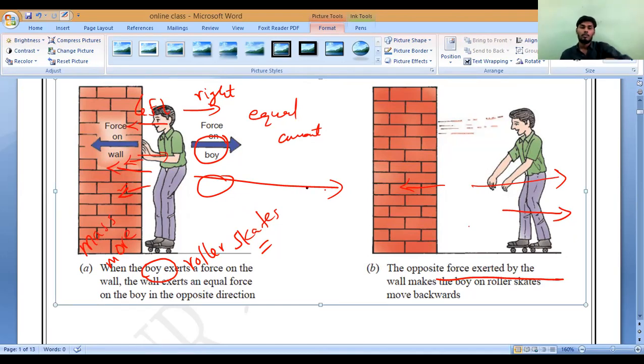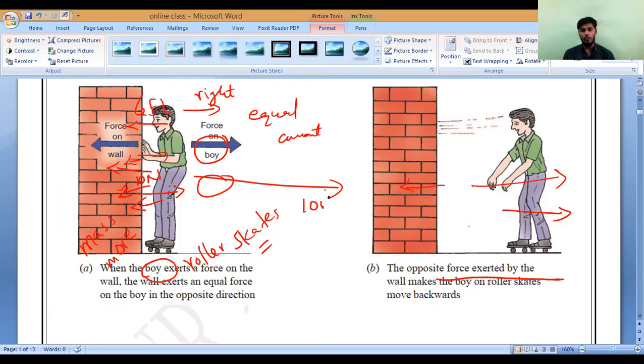Sir, when we push more, very fast. When we apply more amount of force, then the wall also will exert the same and equal amount of force. Suppose I exert 10 Newton force at first, then how much force will the wall exert?